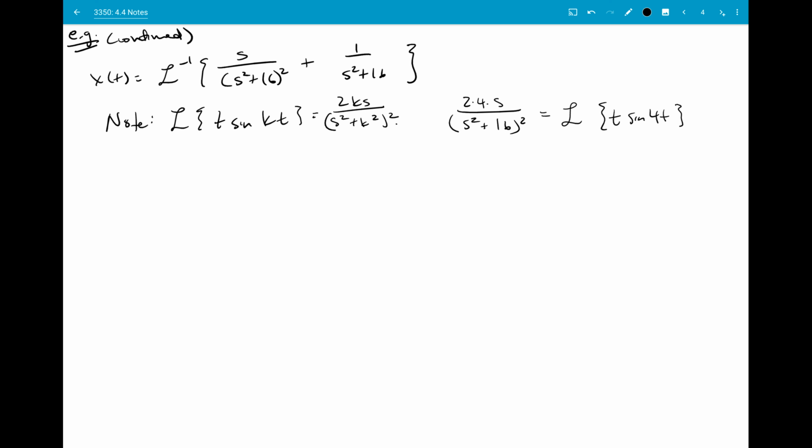What I did here was say that 2ks over s squared plus k squared squared followed from t sine kt, taking a derivative of L of sine kt. If I see s squared plus 16 squared in the denominator, that's k equals 4, so I'm thinking about L of t sine 4t.